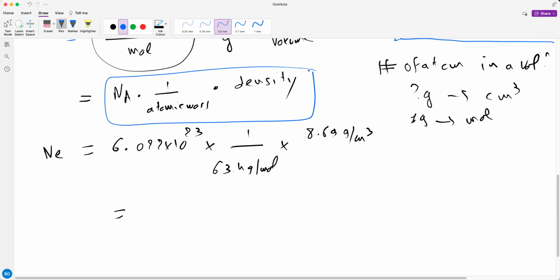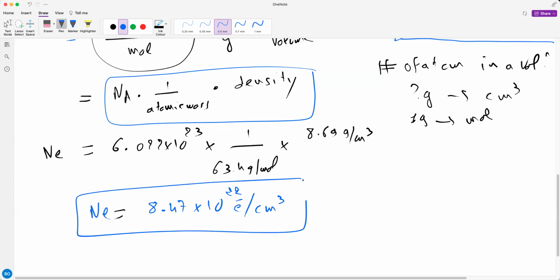So here the answer is 8.447 times 10 to the power of 22 electrons per cubic centimeter. This is the density of free electrons.